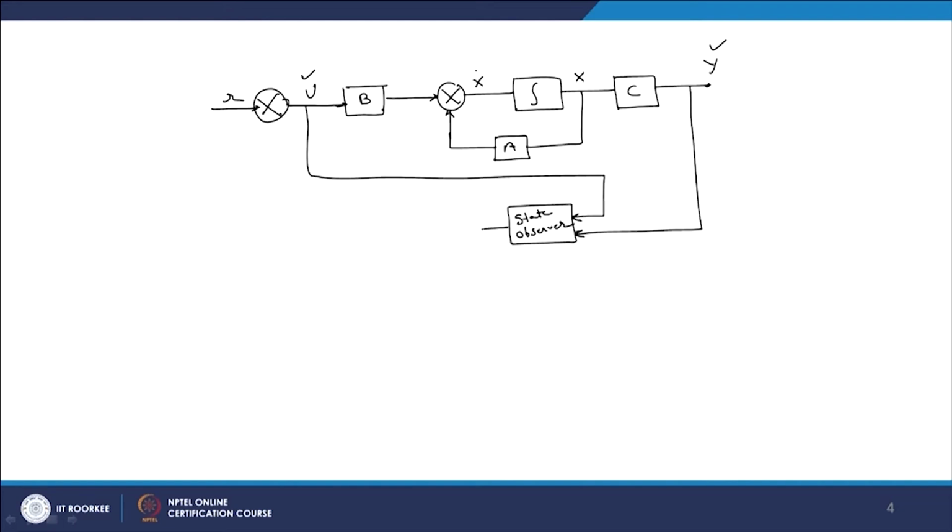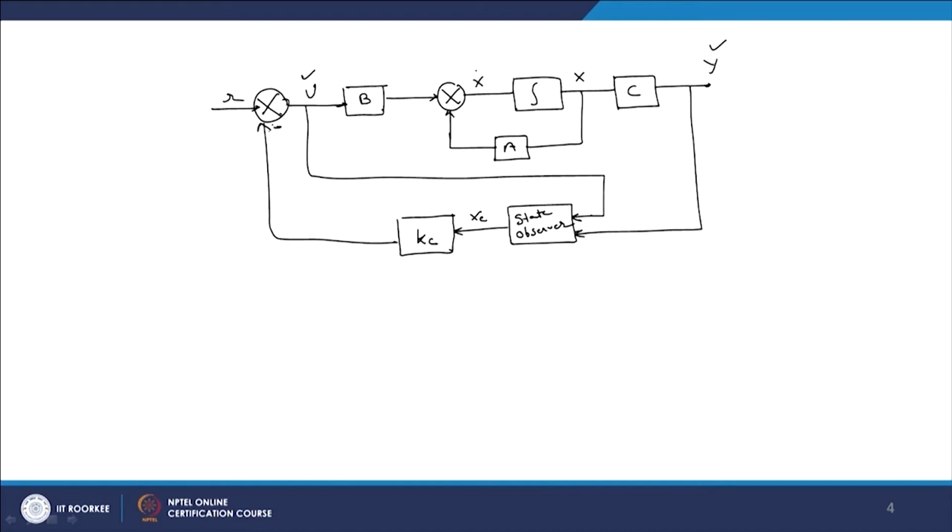Based on the information of input u and output y, now here this is the state x c, and here is our controller k c, and the system is completed.